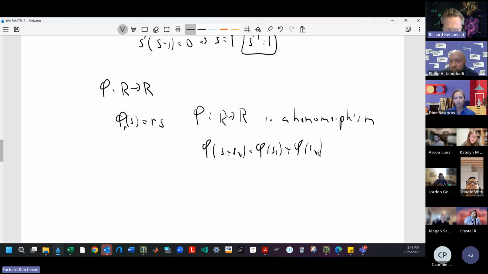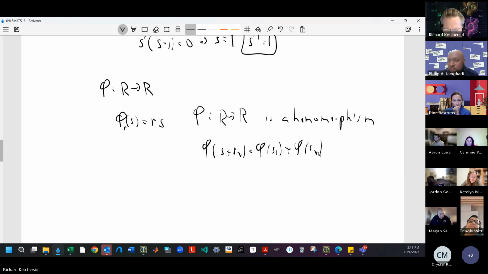Actually, let's see. I'm just going to show that it's a group homomorphism, right? I think I'm in trouble if I try to show it's a full homomorphism, right? So it's a homomorphism of the additive group, right? Is all I'm actually going to show here, right?